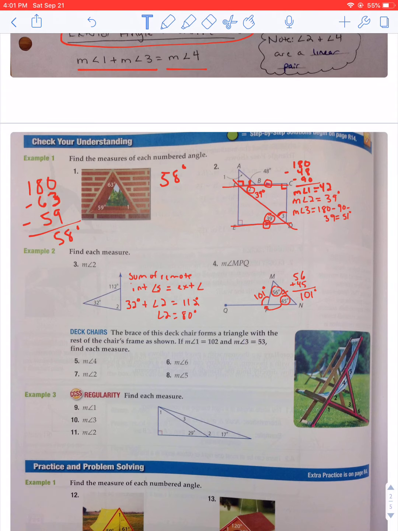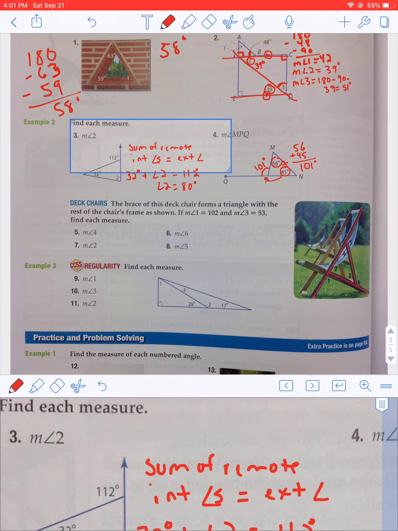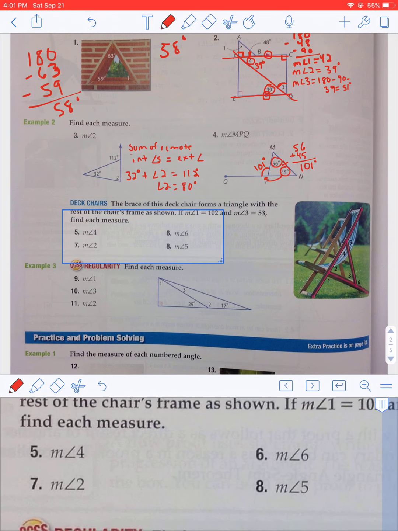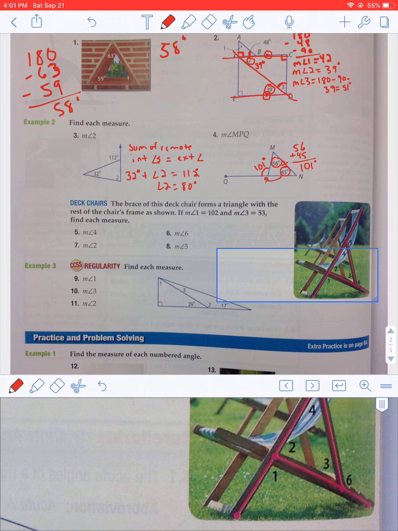Now let's go on to the next set of problems, which is 5 through 8. So when we start 5 through 8, let me get my zoom in. And so what we're going to do is they tell us that angle 1 is 102, okay?